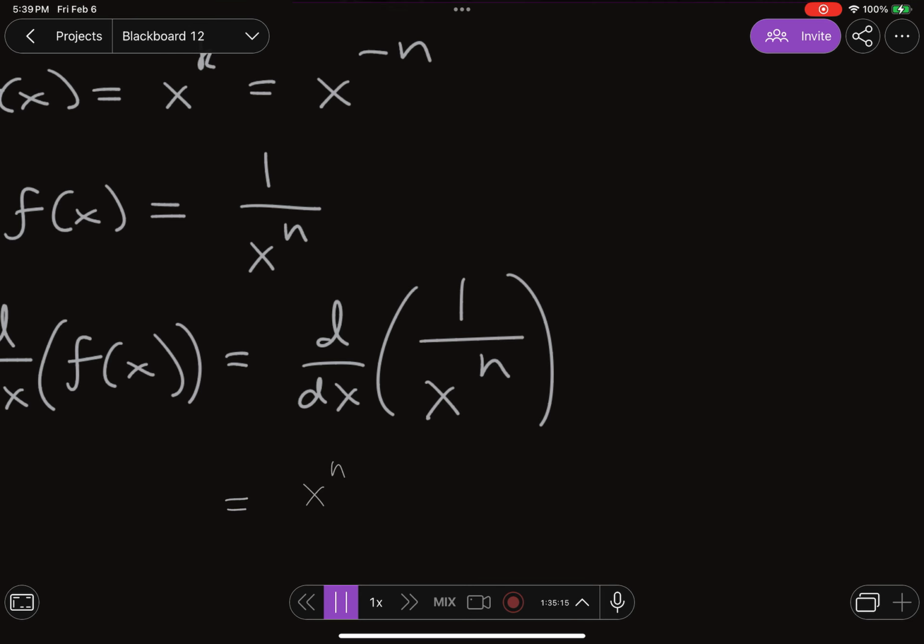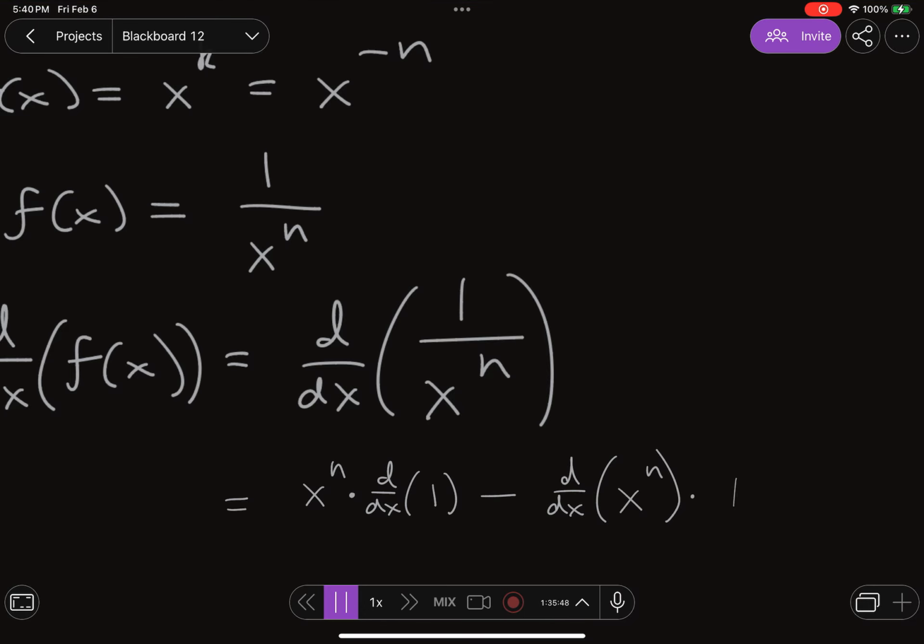So x to the power of n times the derivative of 1 minus the derivative of the bottom function, x to the power of n, but we know how to do that. We proved the power rule for the natural numbers, okay? That is proven, all right? So we use the derivative of the power rule for the natural numbers within the proof of the derivative of the power rule for the integers, okay?